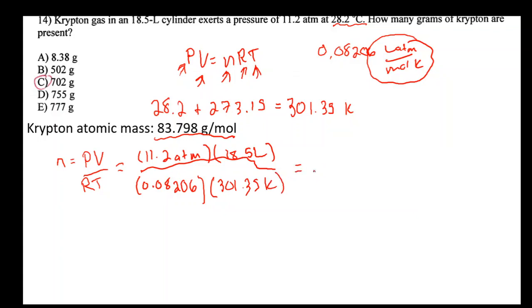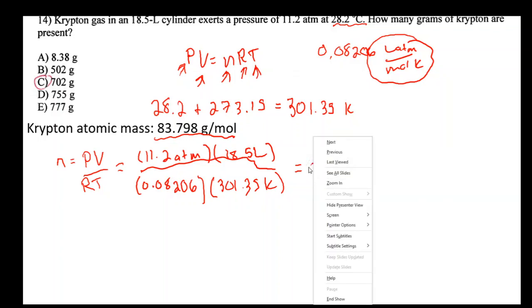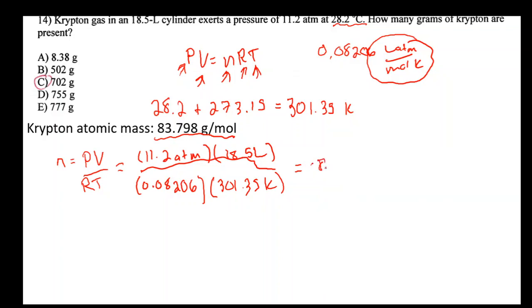That would give us something in moles. And what would that be, Grace? 8.379 moles.